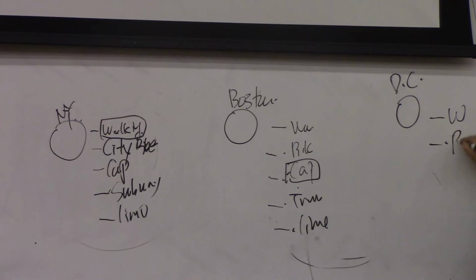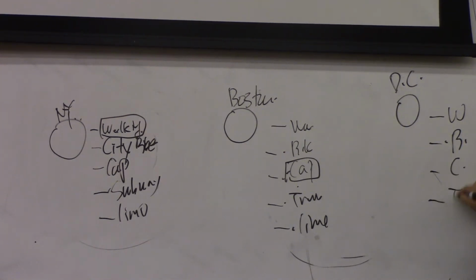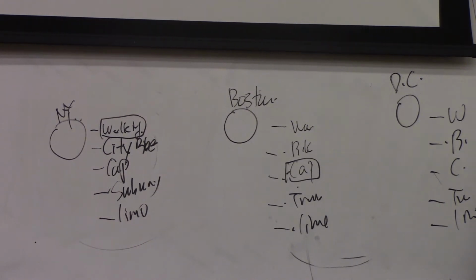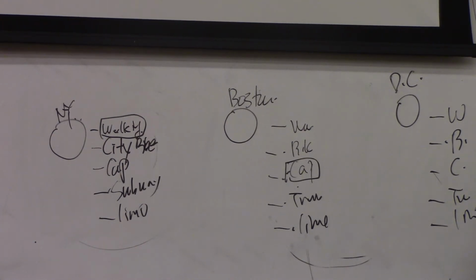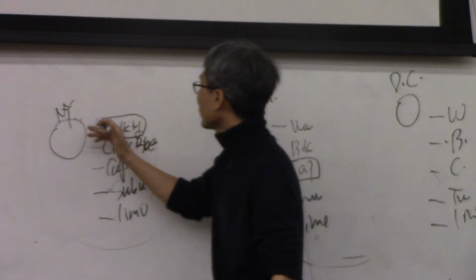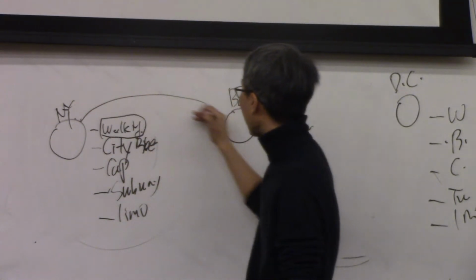Walk, bike, cab, train, and limo. How many different in this case? 125. 5 times 5 times 5. 125. Then, the problem is how to go from New York to Boston.